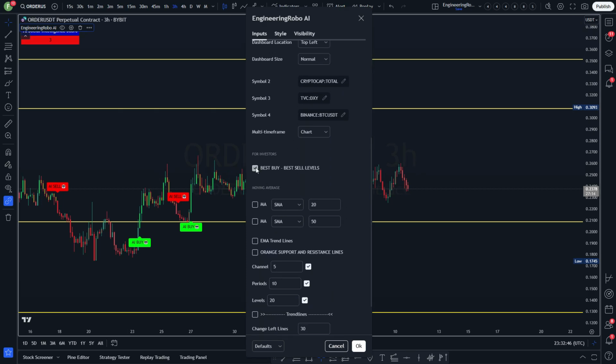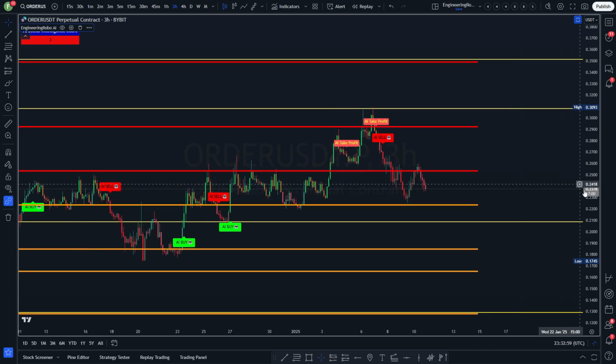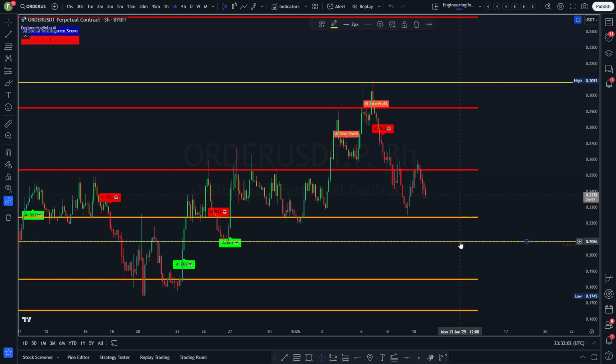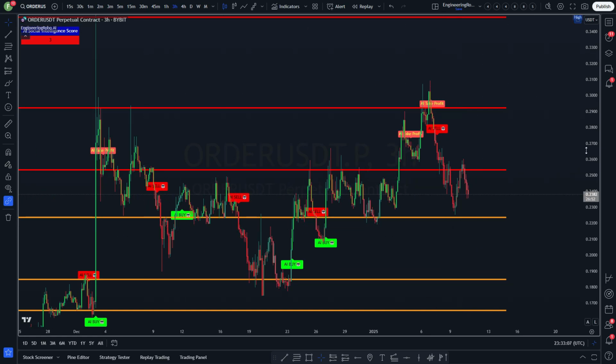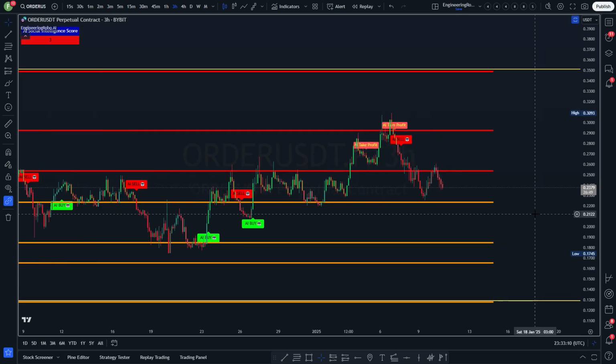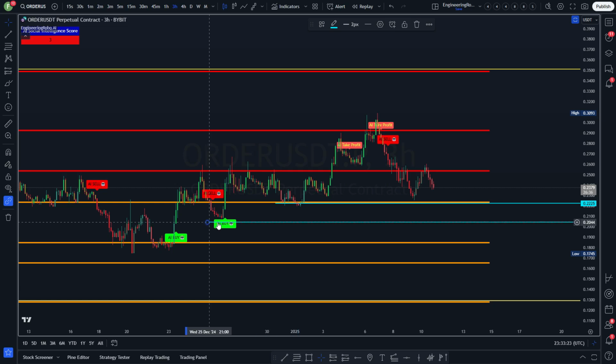The other thing I like regarding this indicator is the support and resistance zones. These are secondary confirmation signals just to orientate ourselves on what price action is doing based on a number of different technical analysis. So I'm going to get rid of my yellow lines and just rely on the AI indicator lines. I'll draw them out as well. This price point, which we've already mentioned, around the 22 to 20 cents, is something that we want to be looking at.